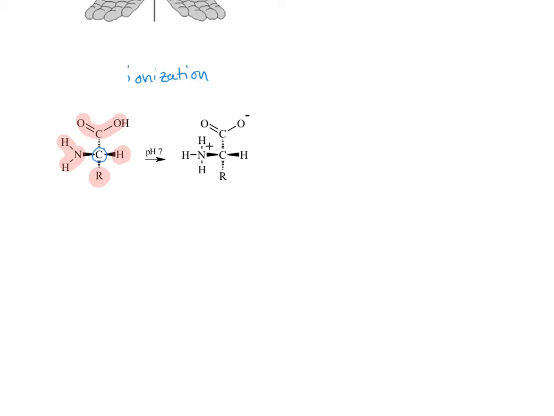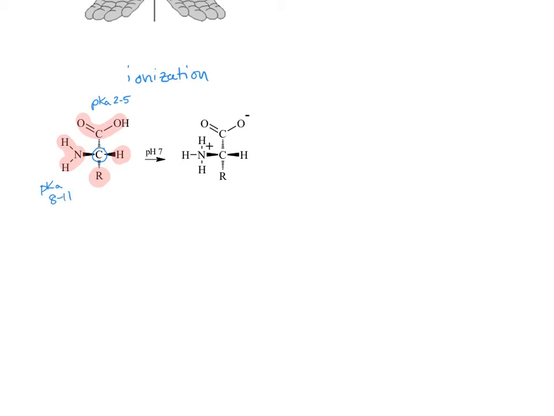What would we expect for the ionization state? Let's remember, the first thing we need to do is assign the pKa for functional groups. If we look at our carboxylic acid up here, we would say that the pKa is in the 2 to 5 range. And if we look at the amine, we would say that the pKa is in the 8 to 11 range.